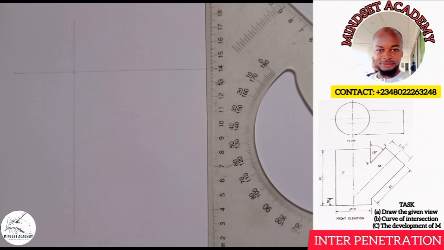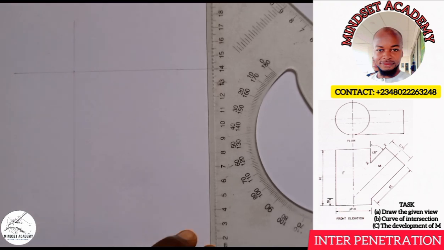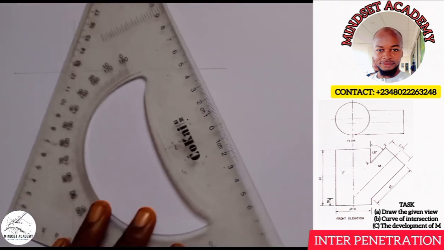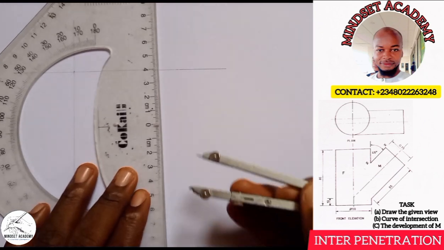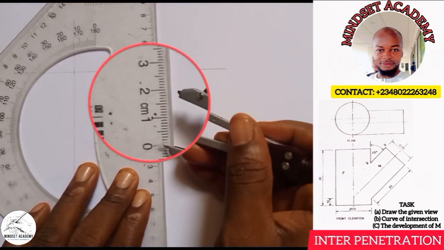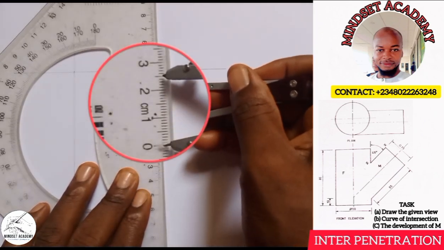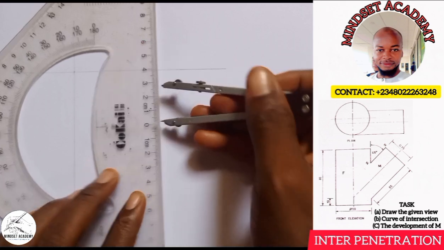Now what is the diameter of that circle? You can get that from the elevation. If you look down here, that is 50. The symbol in front of it is signifying diameter. So we're going to measure half of 50. So if I take from 0 to 25 here, that is half of 50.